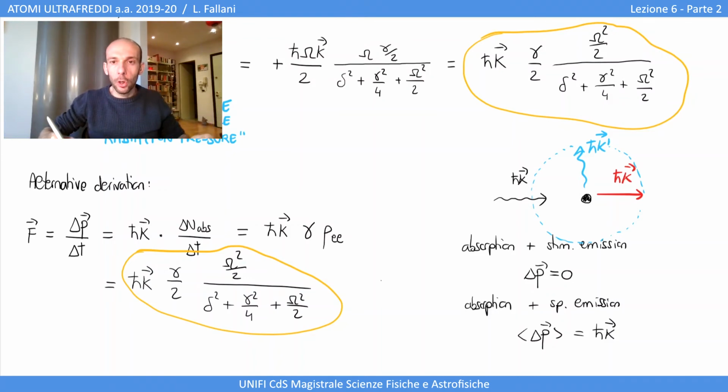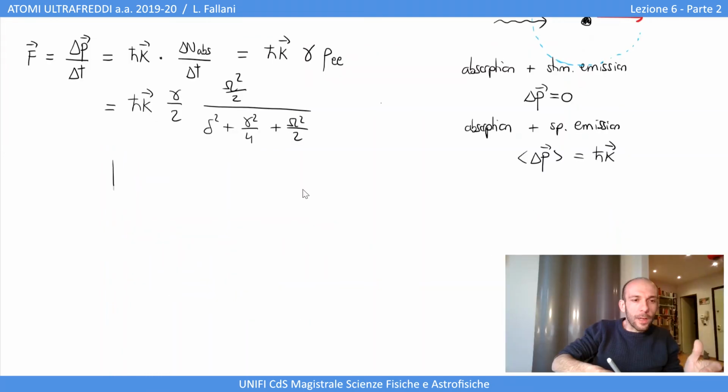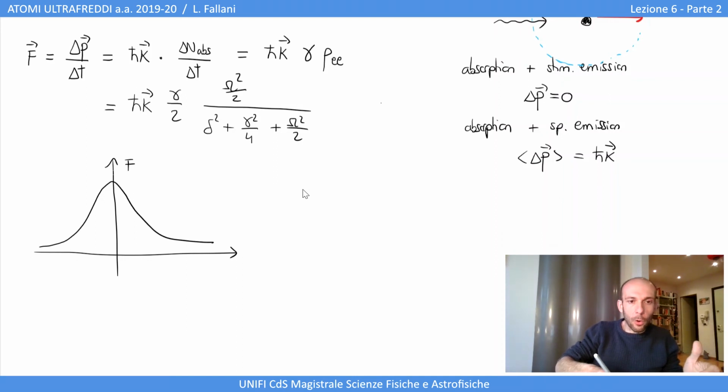Let's, for example, see what happens when you change the parameters of the atom-light interaction. We have already discussed the dependence of this force on the detuning, and let me write again that this is a Lorentzian function. So the force is maximum on resonance, and the line width is given by the saturated line width gamma s that we introduced in a previous lecture, and this is given by gamma times the square root of 1 plus s, where s is the saturation parameter.